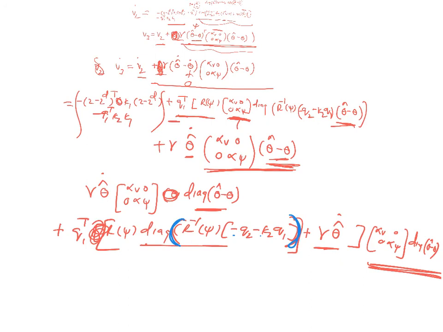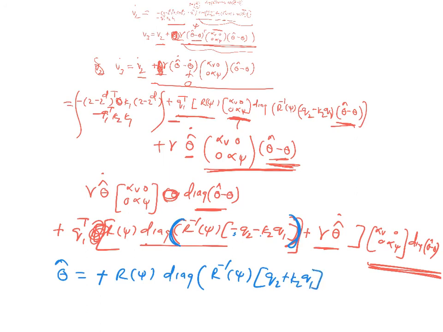So we can choose theta hat dot equals to minus of r psi diag of r inverse psi. So remember, see this negative, we can take it outside and it becomes plus. So it will be r inverse psi of q2 plus k2 q1, right? Diag. That's it.